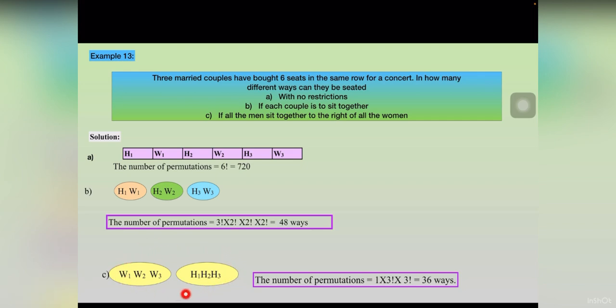It is fixed already that the husbands must always be on the right of the wives. So 1 times 3 factorial for interchanging the position of the 3 wives, and another 3 factorial for the interchanging of the 3 husbands. So here it equals 36.